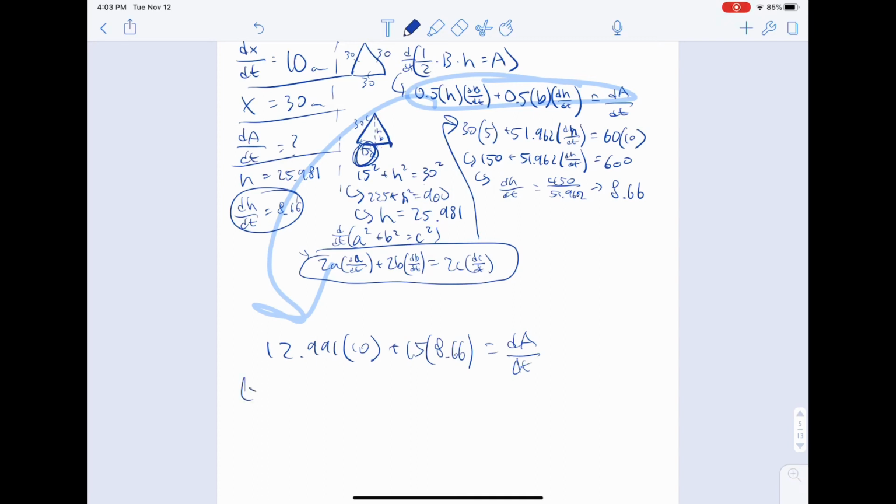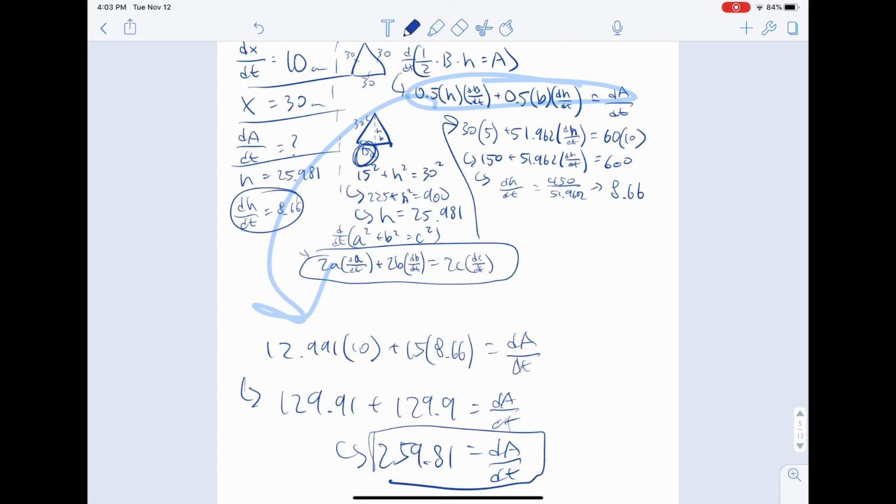All right, let's do it. That's 129.91 plus 15 times 8.66, which is 129.9, is equal to dA over dt. You add them together, 129.91 plus 129.9, and that gives us 259.81 is equal to dA over dt.